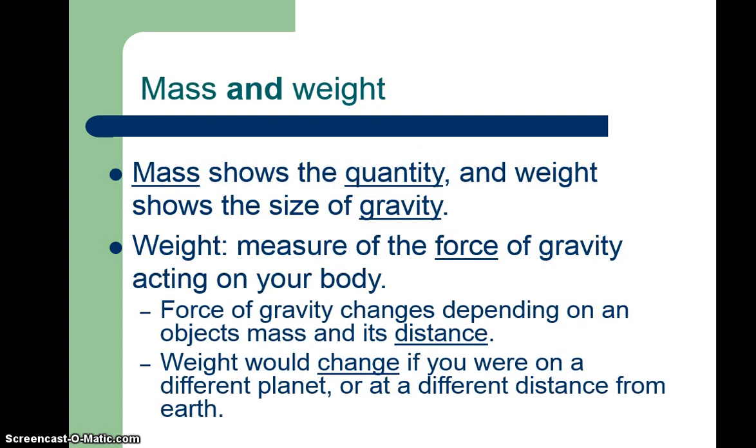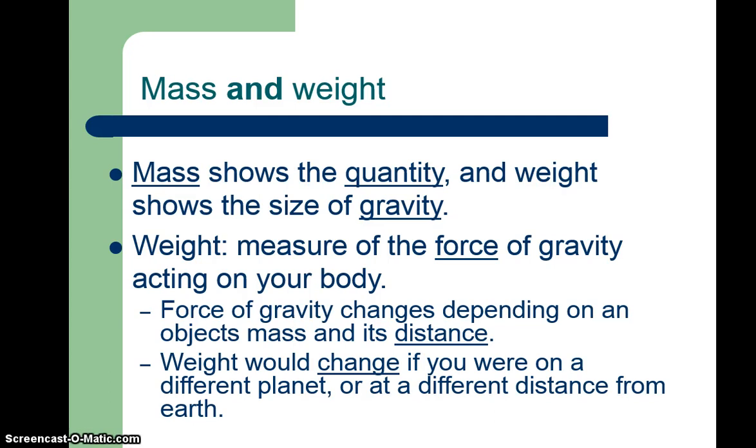Mass and weight are also affected by gravity. Remember, mass shows the quantity or the amount of matter in an object, but weight is showing the size of gravity. It's showing how strong gravity's pull is on an object. So weight is defined as the measure of the force of gravity acting on your body, which means that the force of gravity changes depending on an object's mass and its distance.